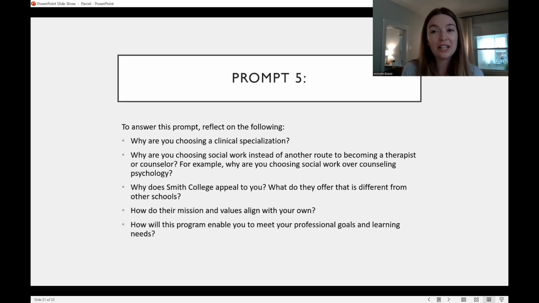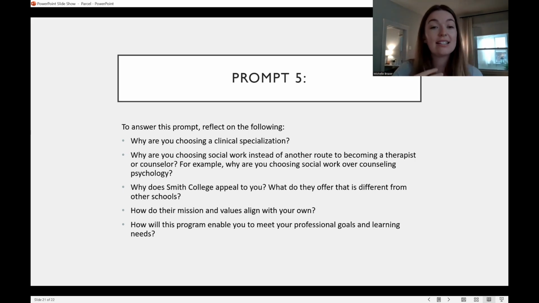I think this is a really important question to ask yourself, especially if you are coming from a similar field. So, for example, a lot of people choose social work from their undergraduate degree in psychology. So I think it's really important to identify why you have ultimately decided to make the move to social work over continuing down the psychology path.